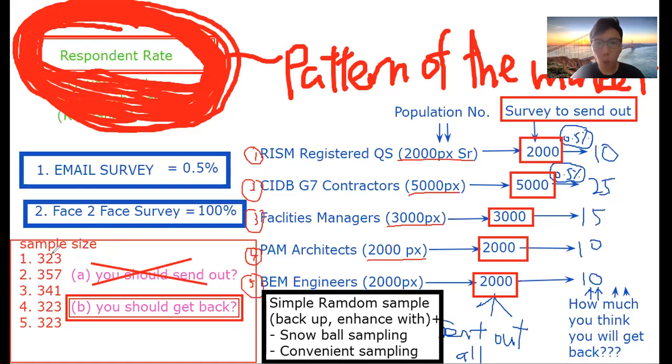So now, one more question arises. If I still cannot get 323, how, sir? Now you be me. I ask you, Miss, sir, can you tell me if I still cannot reach 323, because I'm doing a survey for QS.